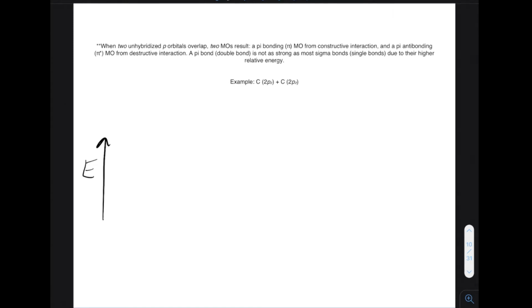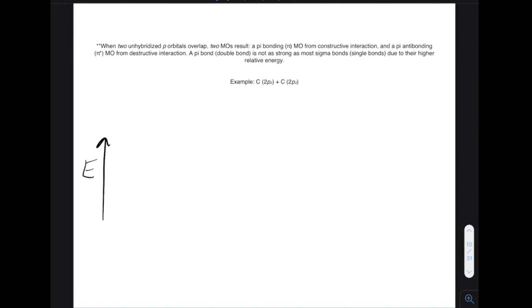So I won't be asking too many questions on this on an exam, for example. When we have two unhybridized p orbitals overlapping, again, two molecular orbitals result: a pi bonding molecular orbital from constructive interaction and a pi antibonding molecular orbital from destructive interaction.